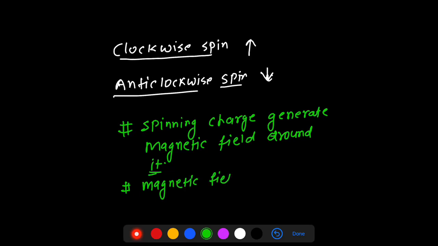If they are generating a magnetic field, remember that it is like the magnetic pole you have heard about, right? Same poles of magnets repel. In a similar way, if you have two magnetic fields coming from two sources and they are in the same direction, they will repel each other.